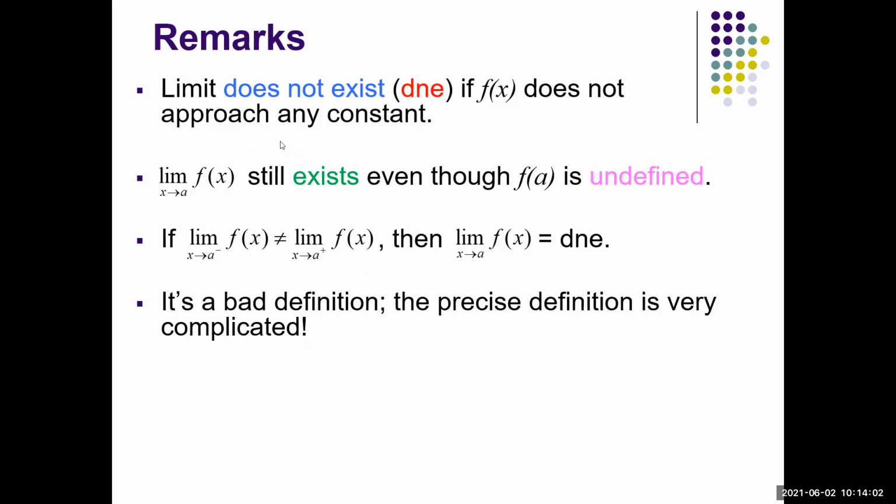Notice that the definition we have here of the limit says that as x approaches a number, the function value is approaching that limit. That definition is not a precise definition because the word approach is actually very vague. And you're going to see again from the table point of view, sometimes it's very misleading.